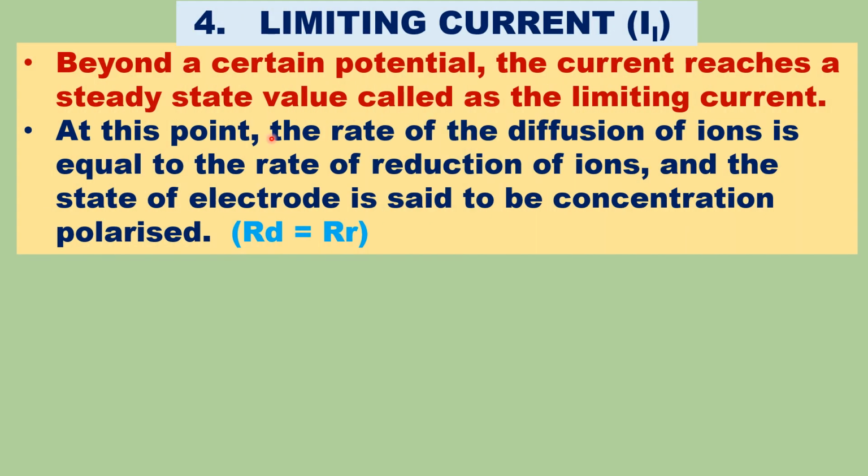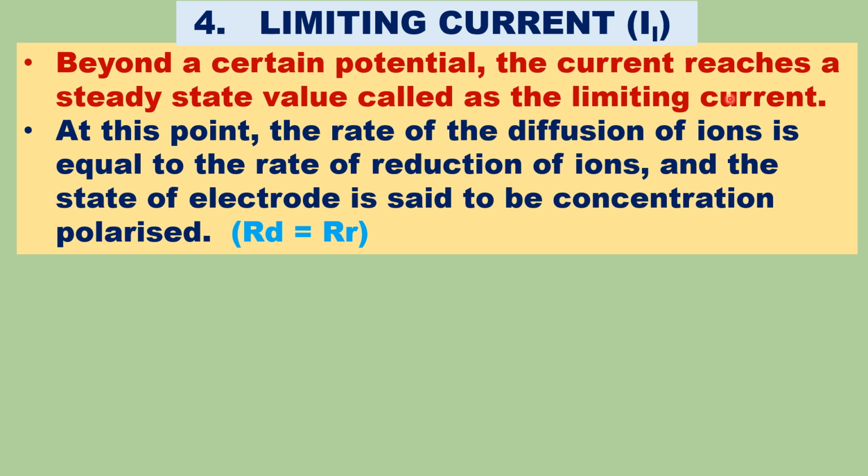So what is limiting current? It is represented by IL. After a certain potential, you see there is residual current first, and at decomposition potential there is a sudden increase in current. After a certain potential, the current reaches a saturation value, steady state value. There is no change in the current flowing.